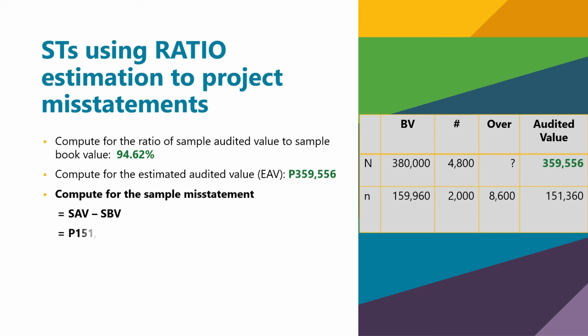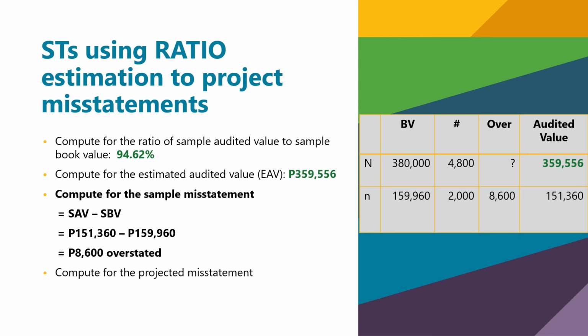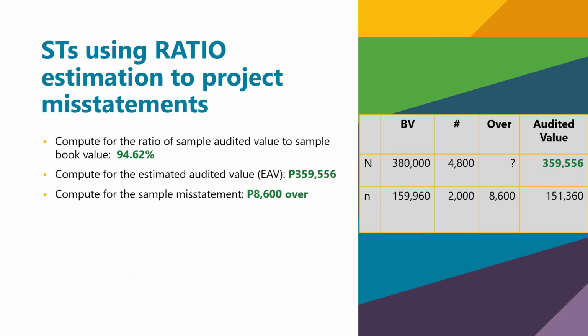And from here, we can then determine our estimated population misstatement. But let's go through the determination first of the sample misstatement, which we already know to be 8,600 pesos anyway. Now that we have determined the sample misstatement, we can determine the projected misstatement. The projected misstatement will simply be the difference between our estimated audited value of the population and the book value.